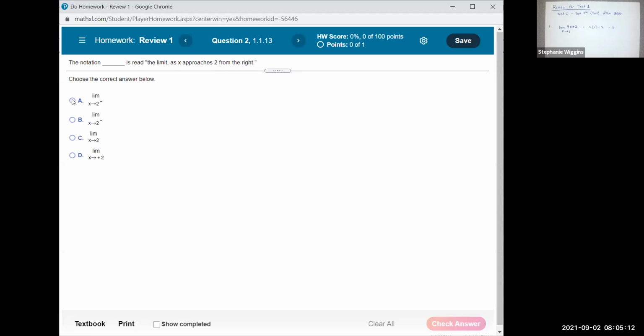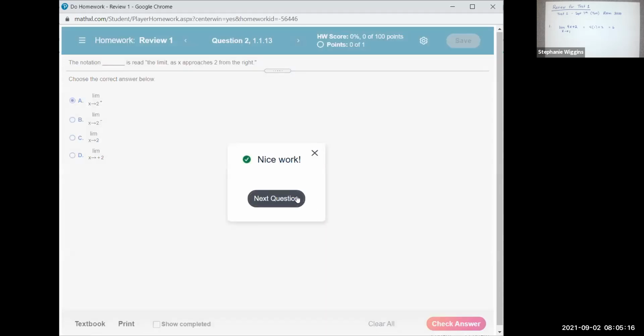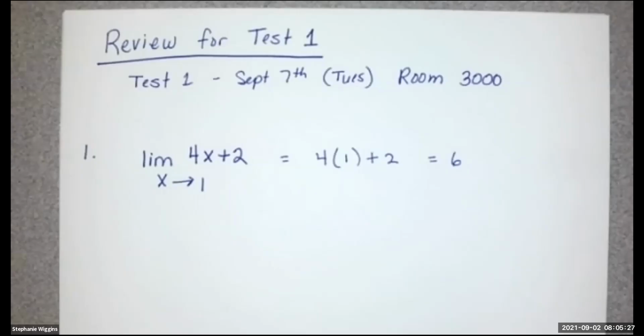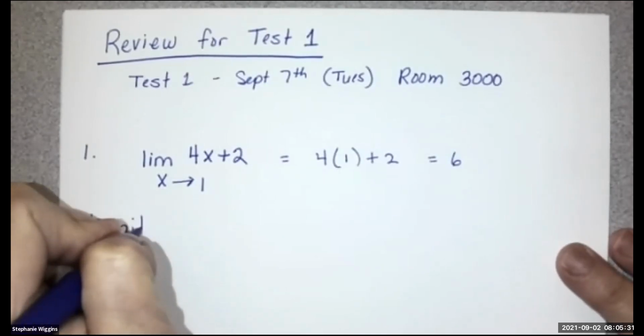So this is the correct choice. Okay, and again, you've got the limit notation. So let me just review that. That's really important for you to know is limit notation.